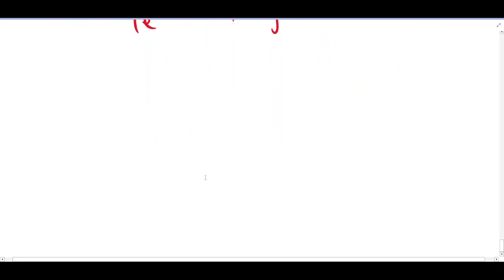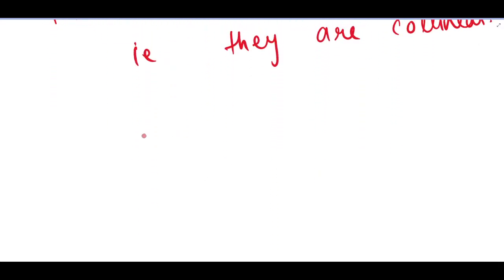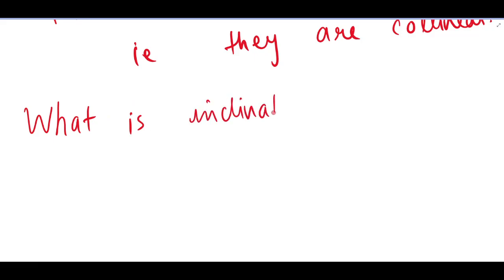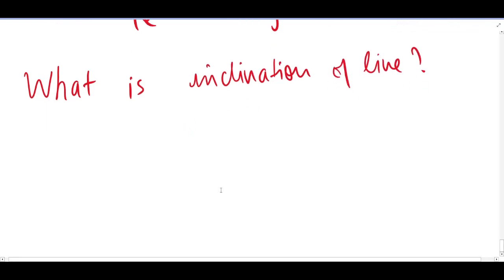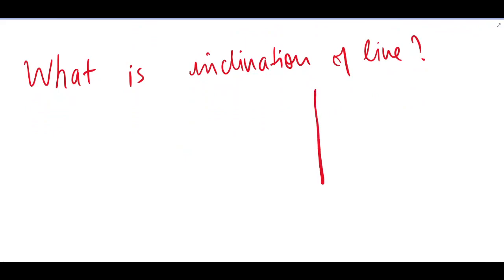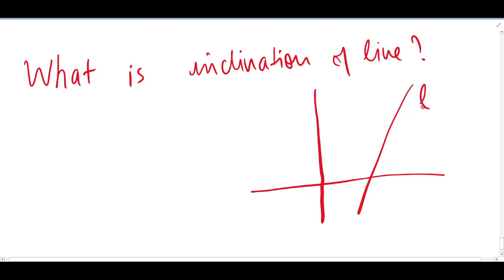Next is, what is the inclination of a line? So if we have a line, this is a Cartesian system, and this is any line L, and it is making angle theta in the anti-clockwise direction with the x-axis.